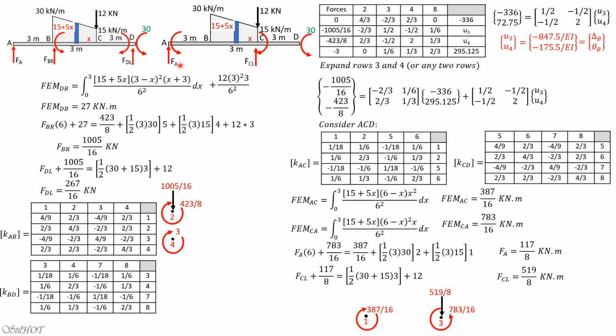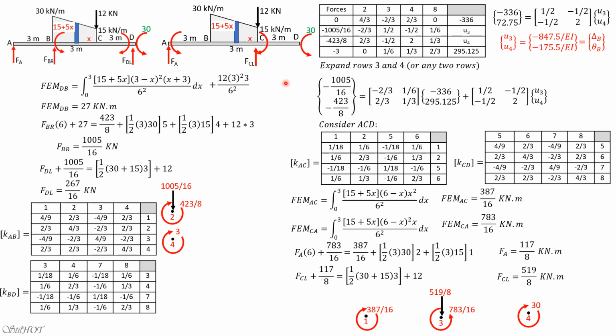So we have to consider 2, 5, 6, and 8. At node 4, the loading is, because this is counterclockwise, so clockwise, 30.